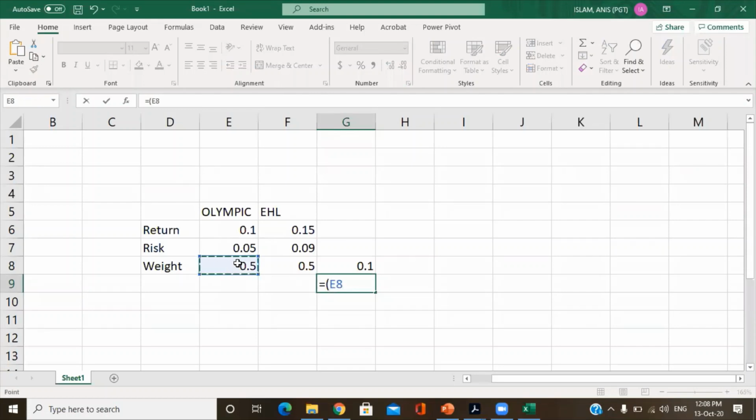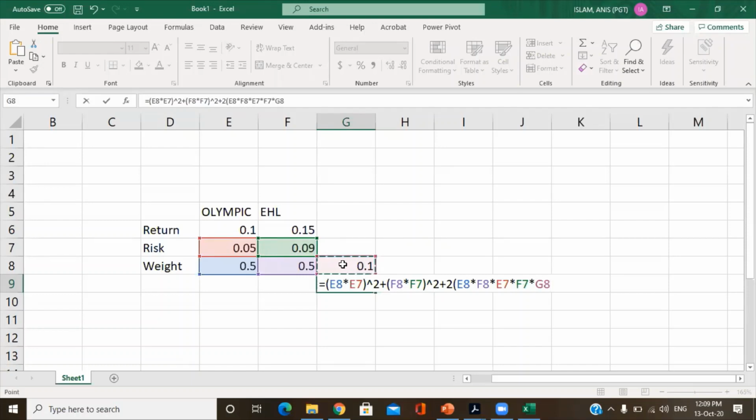W1 times the risk of the first instrument squared, plus W2 times the risk of the second instrument squared, plus 2 times W1, the first instrument weight, times W2, the second instrument weight, times the risk of the first instrument, that means standard deviation, times the risk of the second instrument, multiplied by correlation.